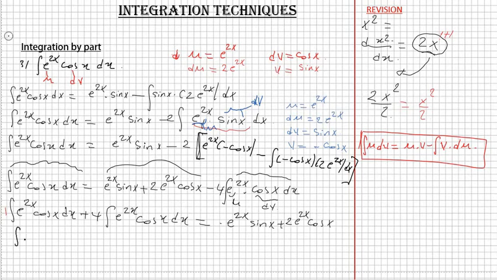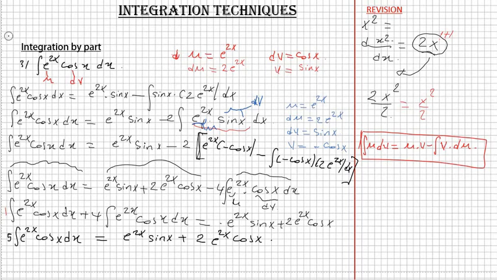So we have 5 times the integration of e to the power of 2x cos x dx. That is equal to e to the power of 2x sine x, so just repeat what we have here, plus 2e to the power of 2x cos x.